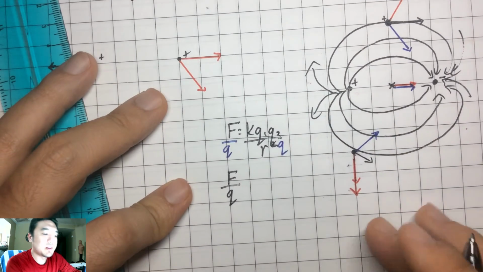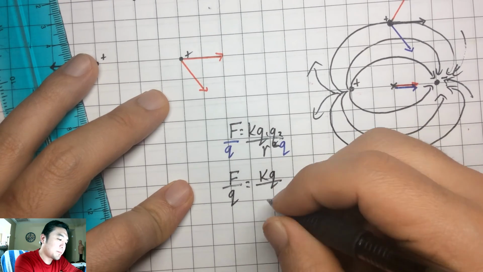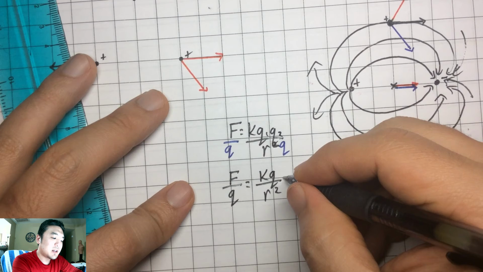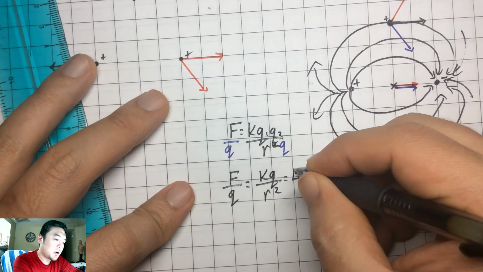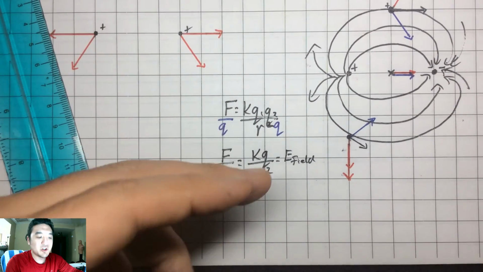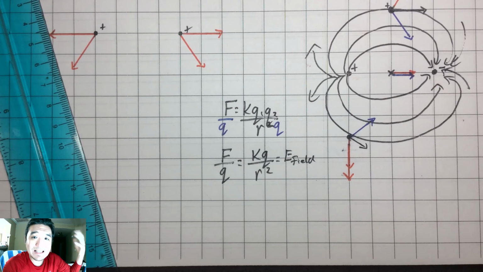That's not really that special, but it's going to take away one of these q's over here. And so we get this equation kq over r squared. What that's going to tell us is how strong the field is at that location, just due to the one charge. And if you have multiple charges in the vicinity, you'd have to add up their vector fields at that location.